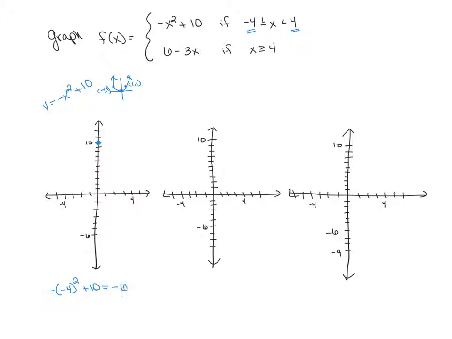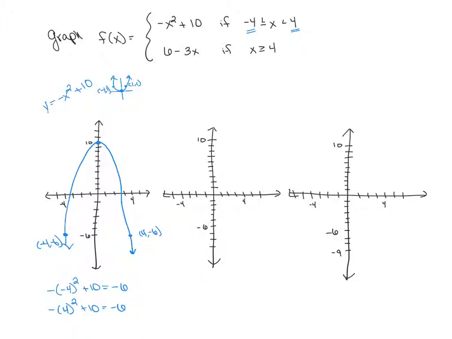So this equals -6. So that means I have the point (-4, -6). If I plug in a 4, again, because that's an endpoint that I have, I get a -6 again. So I have (4, -6). So this piece is a parabola.